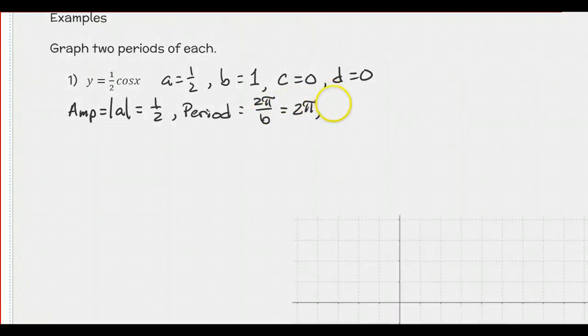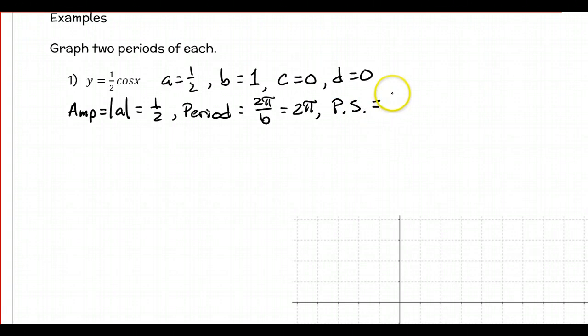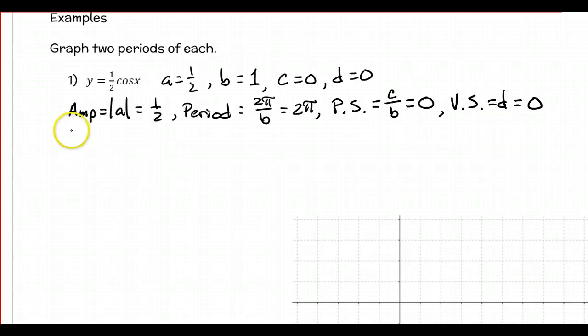And I can find my, I'm going to call it PS for phase shift, and that's C over B. So C is 0 and B is 1, so 0 over 1 is just 0. And then my vertical shift, or vertical translation, that's based on D, so that's also 0.